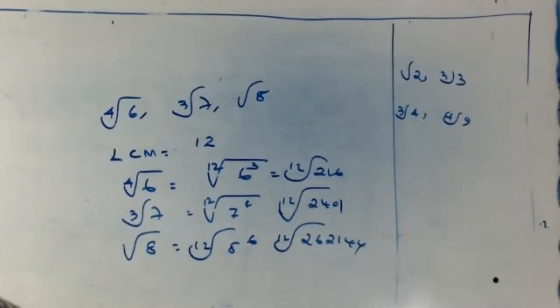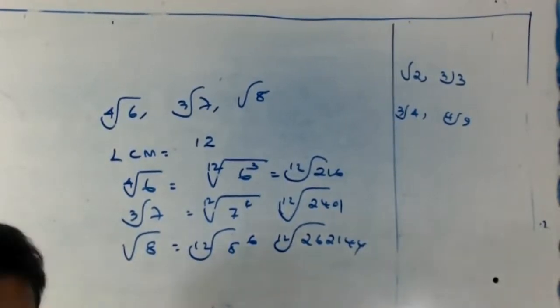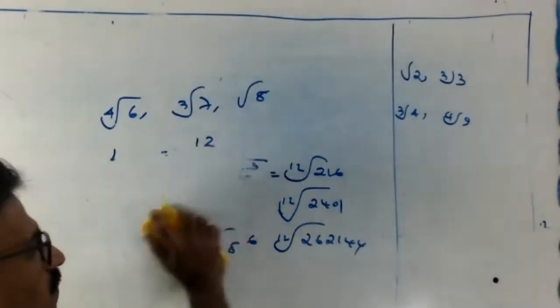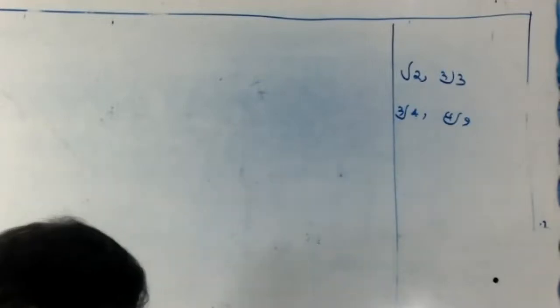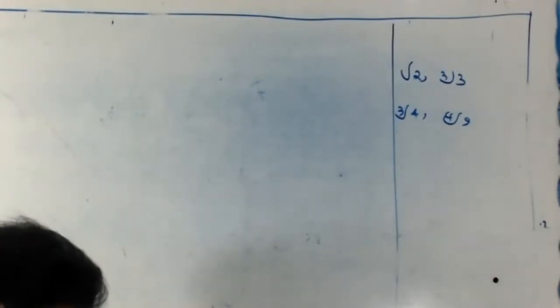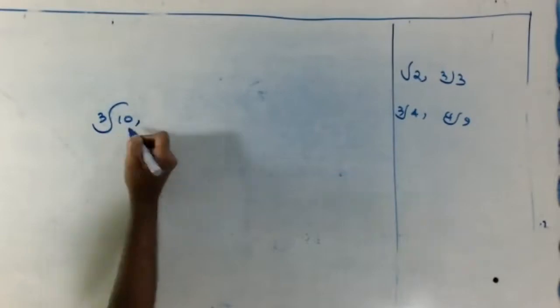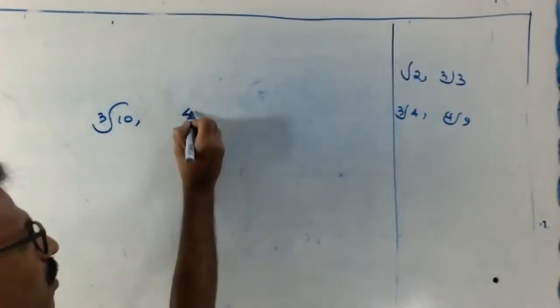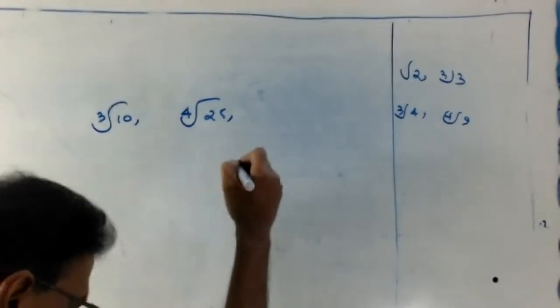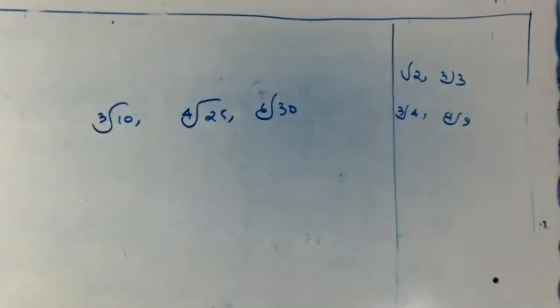Okay. So next one. Cube root of 10, fourth root of 25, and sixth root of 30.